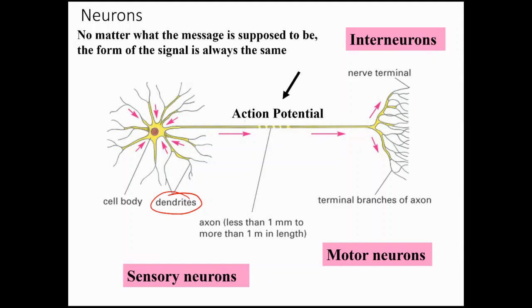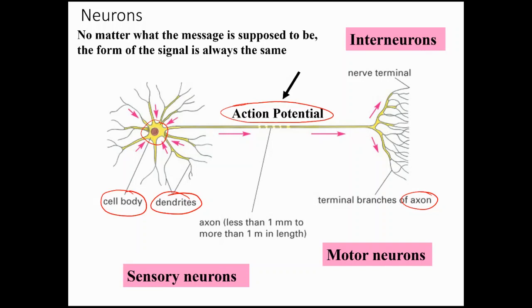And then, of course, the cell body is the main part of the neuron, which contains the nucleus of the cell. And then, of course, neurons can have these axons. The axon is where the action potential is generated that allows one neuron to then communicate with another neuron.